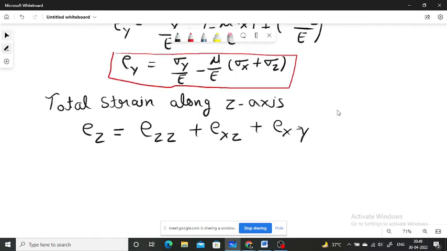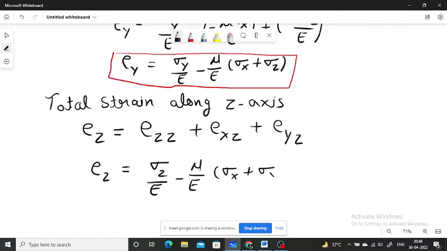Sorry, not Exy, Exz. Eyz is the strain due to the stress y in z direction. Okay. So here Ez will be equal to, similarly, sigma z upon E minus mu upon E, sigma x plus sigma y.